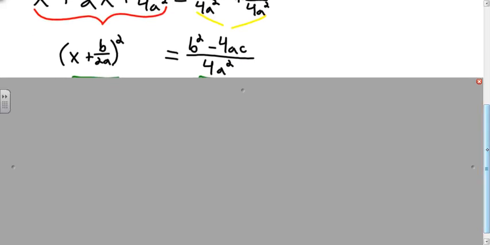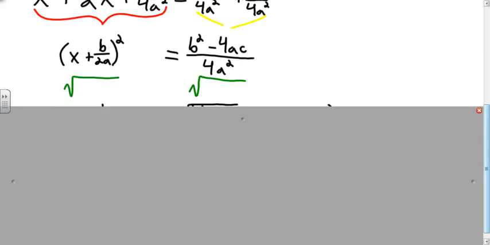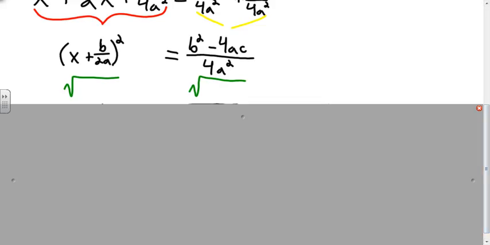Moving down from here, the next thing we want to do is take the square root of both sides. And that comes from our square root property. Remember, in this case, it's essentially the same as saying we have x plus n squared equals m, so we need to take the square root of both sides and then subtract the n.